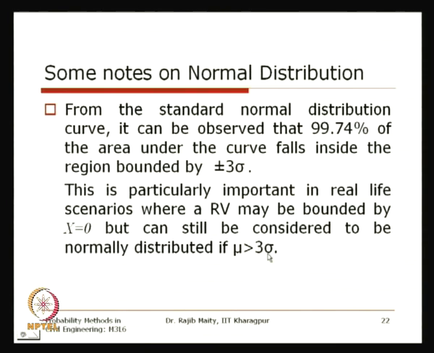In real life, sometimes we come across random variables that are effectively lower bounded by 0, but if its mean is away from the origin by a magnitude of 3 sigma, then we can consider whether it can also be treated as a normal distribution, as we know that below 0, on the left side of 0, towards negative values, effectively the probability is 0.